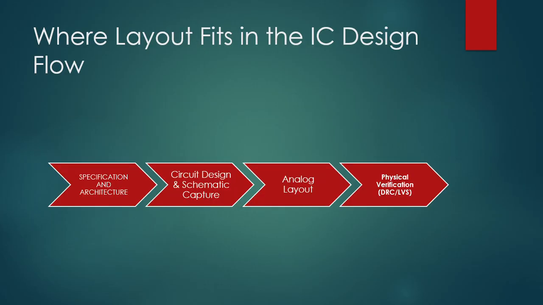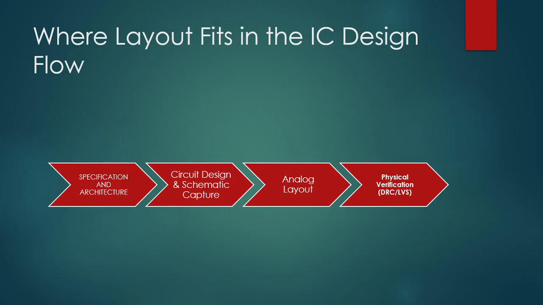The design flow of the layout is like this: after completing the specification and architecture, and many design engineer processes, it is translated into a circuit design, typically called a schematic. That schematic will be the input of an analog layout engineer, and we are going to design the analog layout of the given schematic, which is then given to a physical verification engineer.